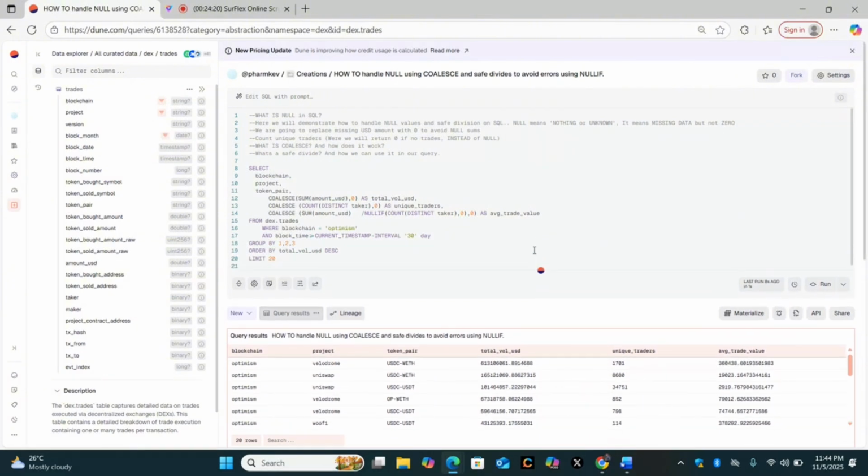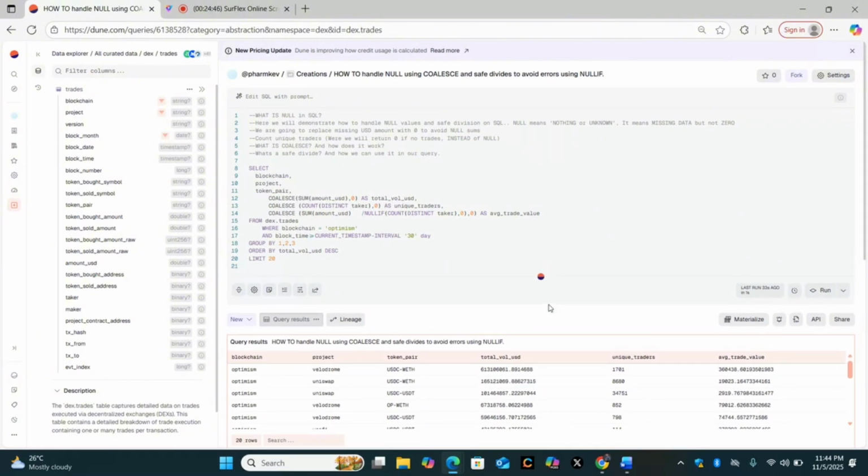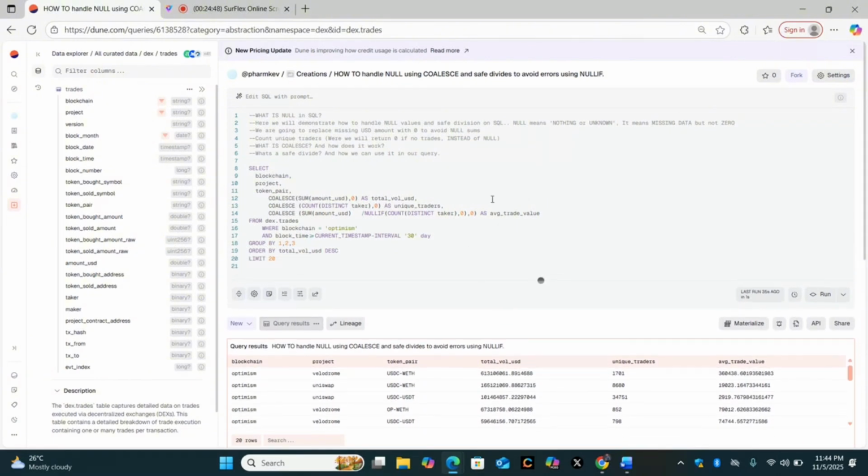This is the blockchain column. These are the projects, these are the token pairs. This total volume USD is what this token pair has amassed. Same thing with other token pairs. Then these are the various unique traders for the past 30 days. So I hope with this you've been able to understand the concept well. Thank you.